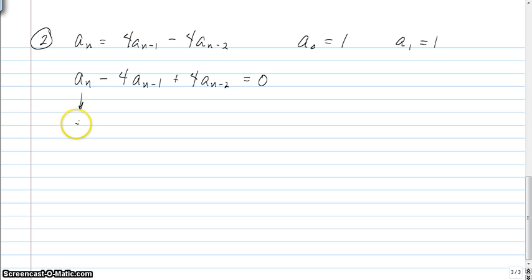So this term is 1t squared minus 4t plus 4, which gives us, again, a quadratic that we can factor.